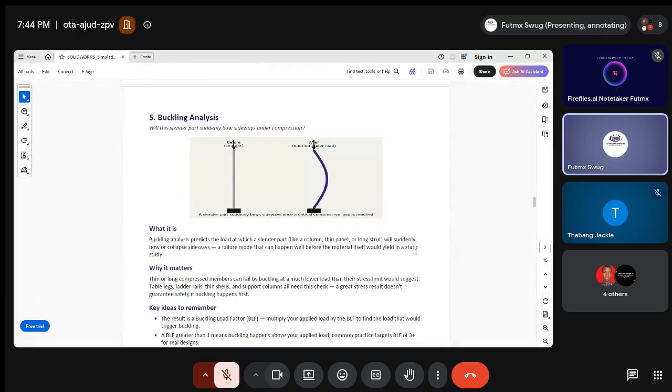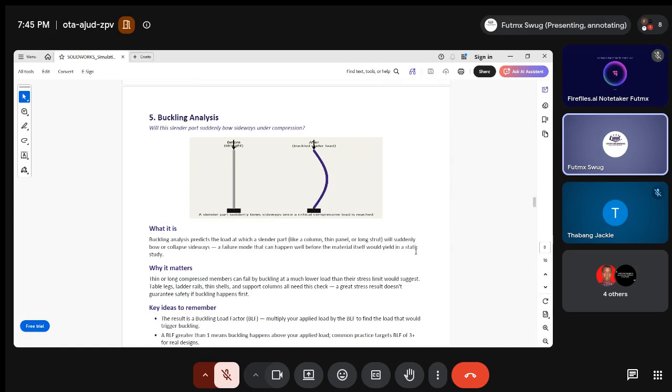Before your part undergoes plastic deformation or breaks, it will first bend. What buckling analysis does is show you the degree of that bending, and where it will be bending to.